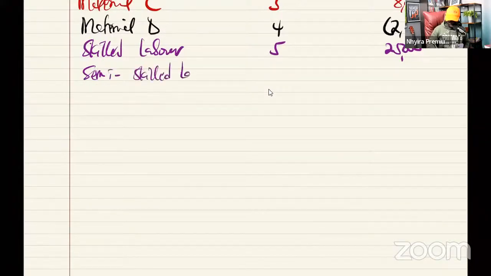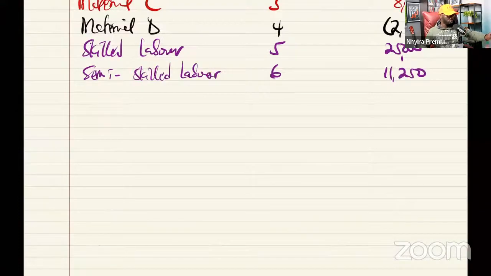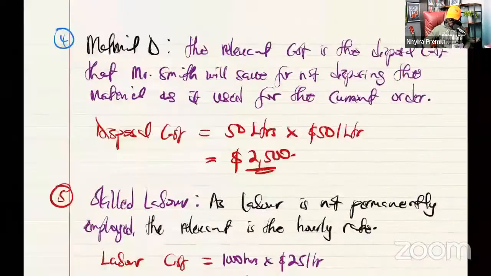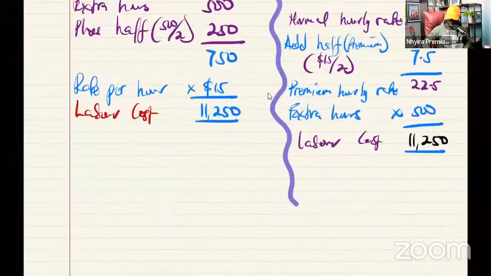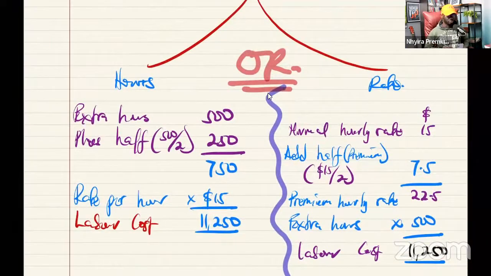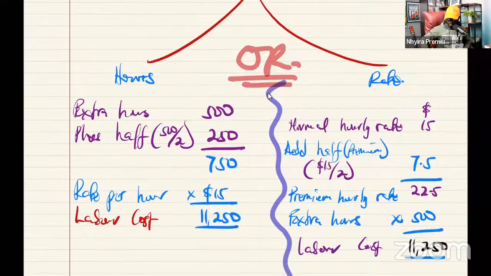So semi-skilled labor, Note 6, 11,250. That is the relevant cost for our semi-skilled labor. Very sweet, simple, straight to the point.